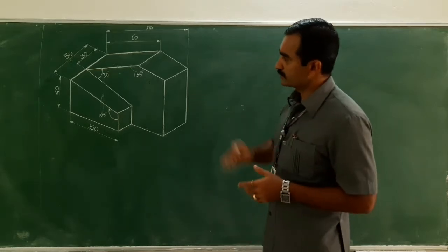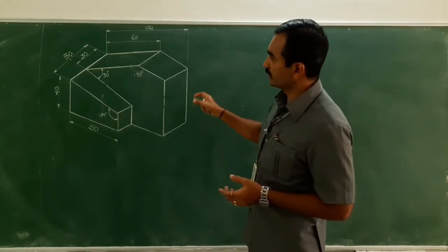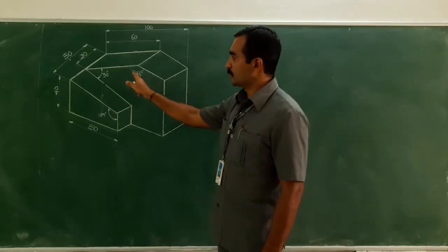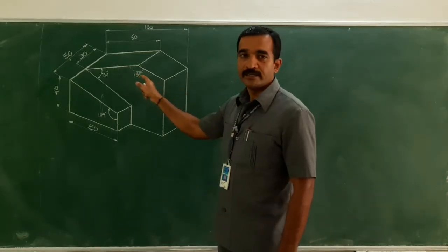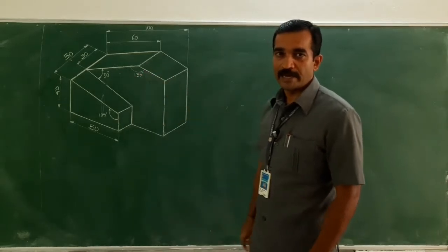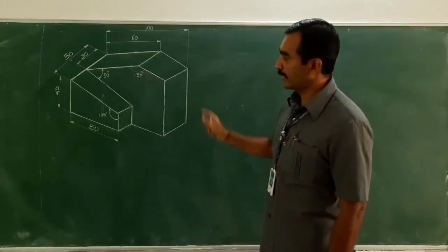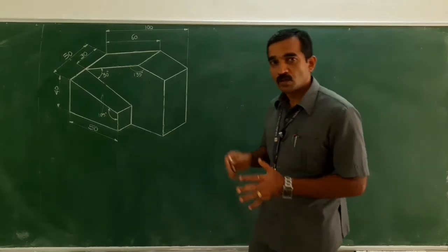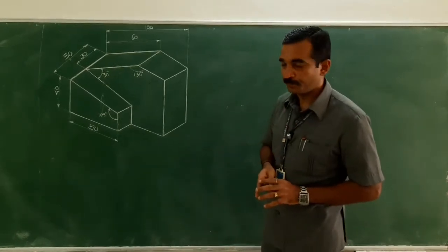For this problem, look here, the height is not there because these particular edges are with inclination, that is with some angle. So in that case, I cannot even construct the box. Just observe how I proceed.